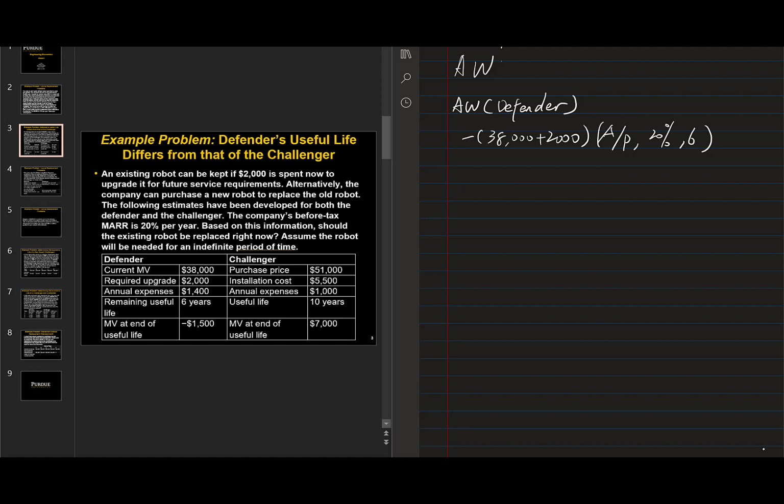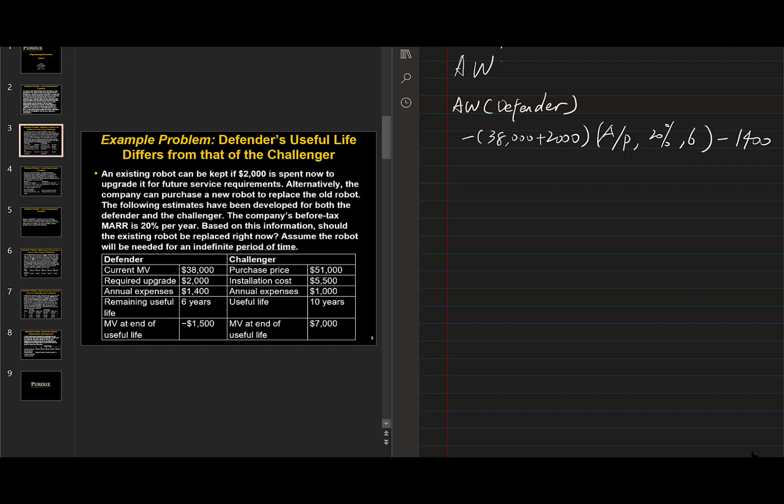Now the next one will be the annual expenses. This one is just an annuity, so we can just add it to the current formulation. Now the next one will be the market value at the end of useful life. Note here, the market value for the Defender is a negative number.